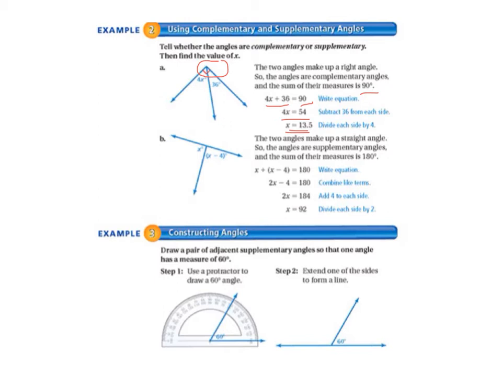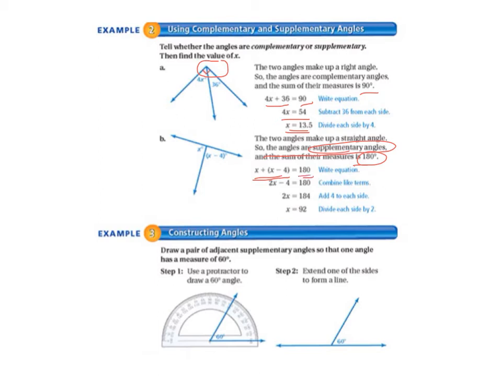Letter B, the two angles make up a straight angle, so we know that that's going to be 180 degrees. The angles are supplementary angles, and the sum of their measures is 180 degrees. So again, we're going to put the sum of them together, so x plus x minus 4 equals 180 degrees.